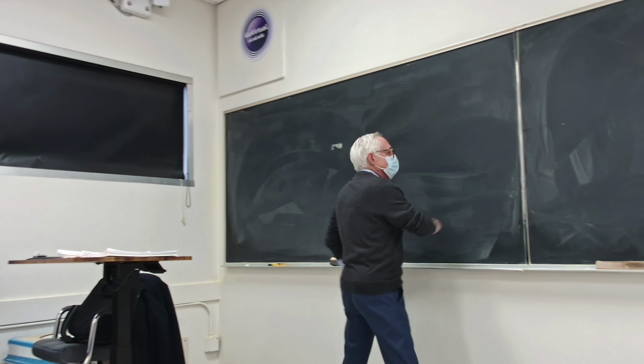Let's just take this example, right? You are given m dot 1, given m dot 2. State 1 is given. State 2 is given. Okay? What is the enthalpy at a state 3?